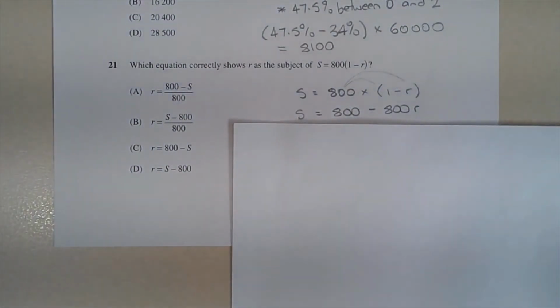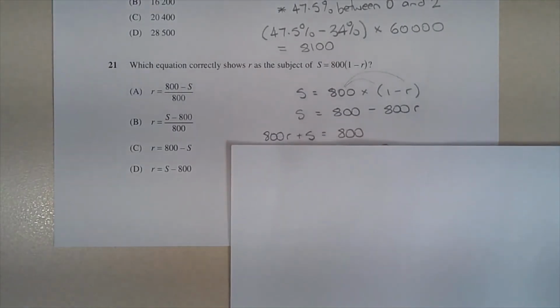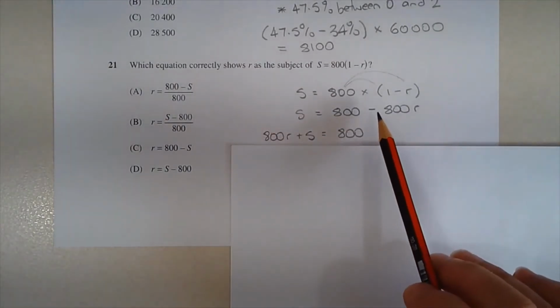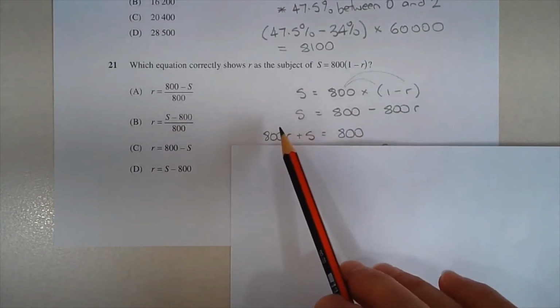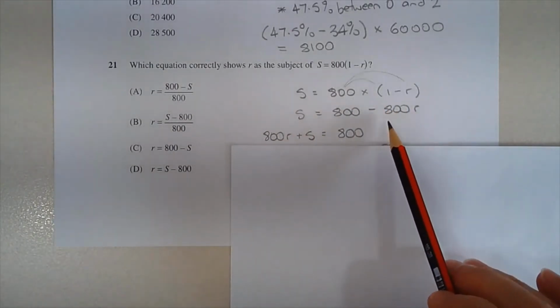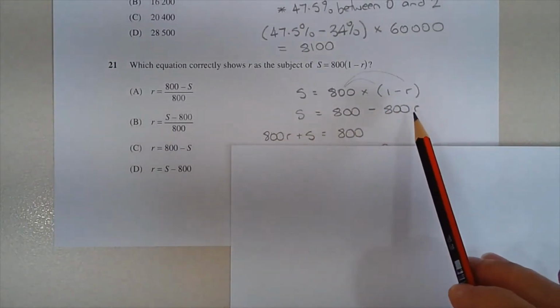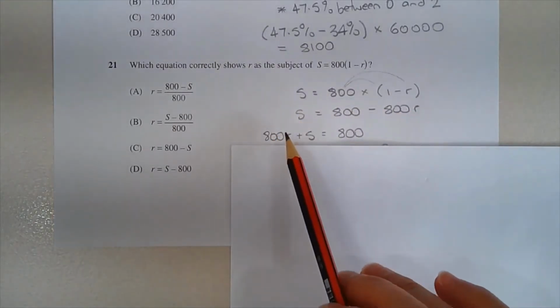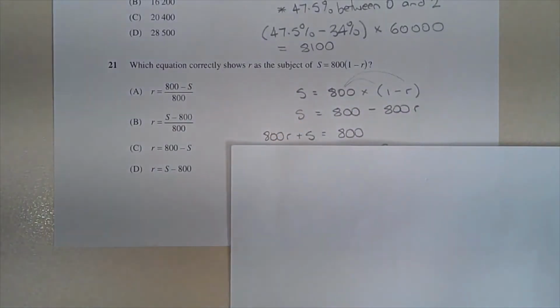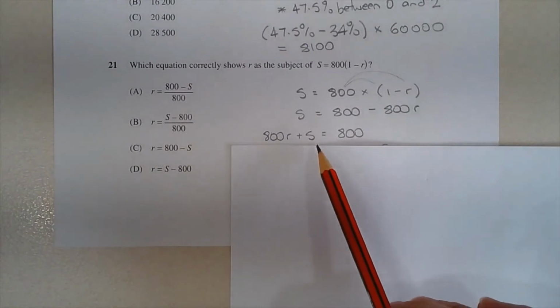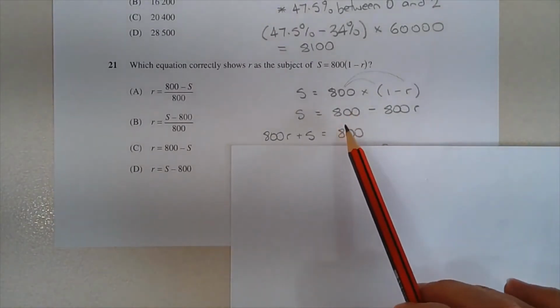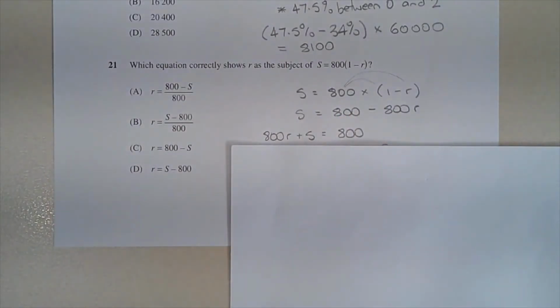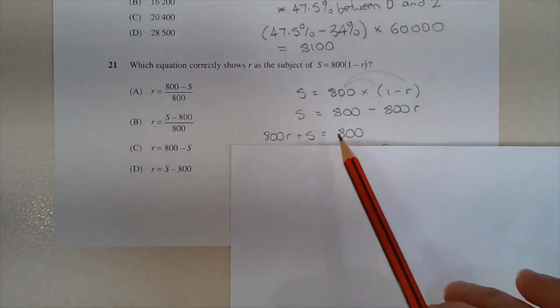Now we need to make R the subject of the formula. So I'm going to add 800R to both sides, and in doing so, this negative 800R effectively moves over and becomes positive 800R. So we have 800R plus S equals 800. So this 800 here stays intact. Now we need to subtract S from both sides.